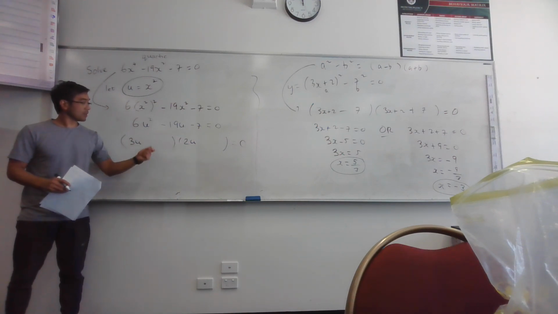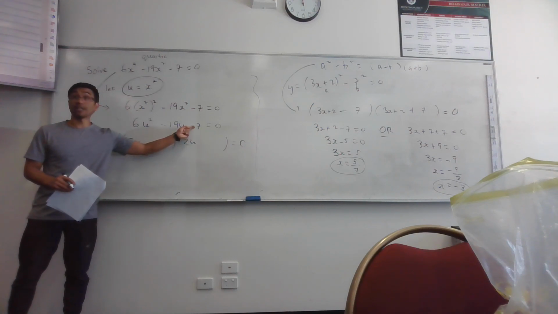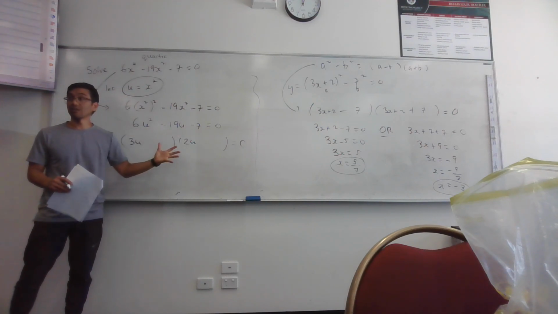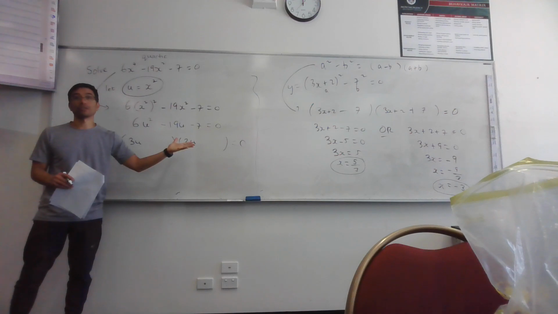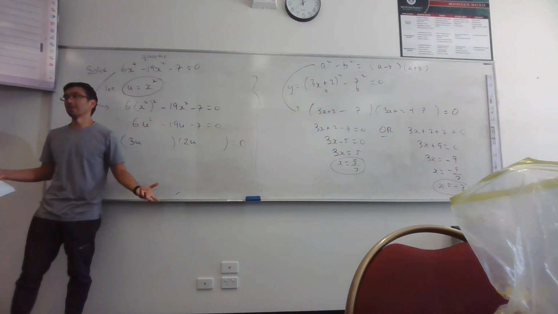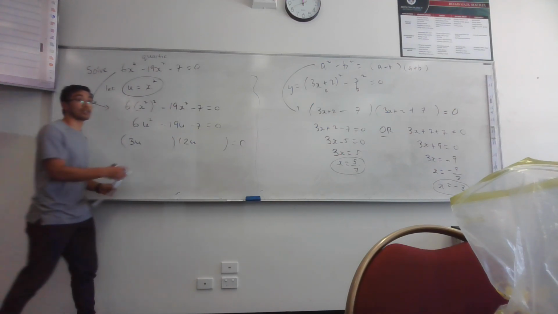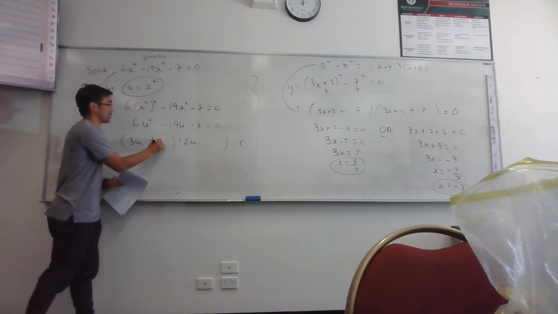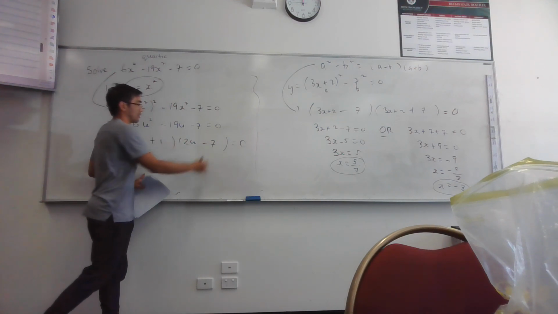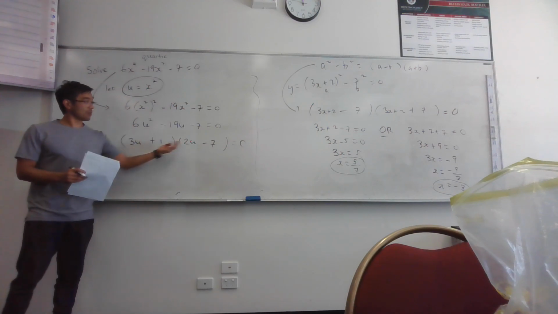Now, what possible numbers multiply to -7? 1 and 7. You need to decide where the 1 goes and where the 7 goes. How do you know? It's a lot by trial and error. You could have had the 7 here and the 1 here.